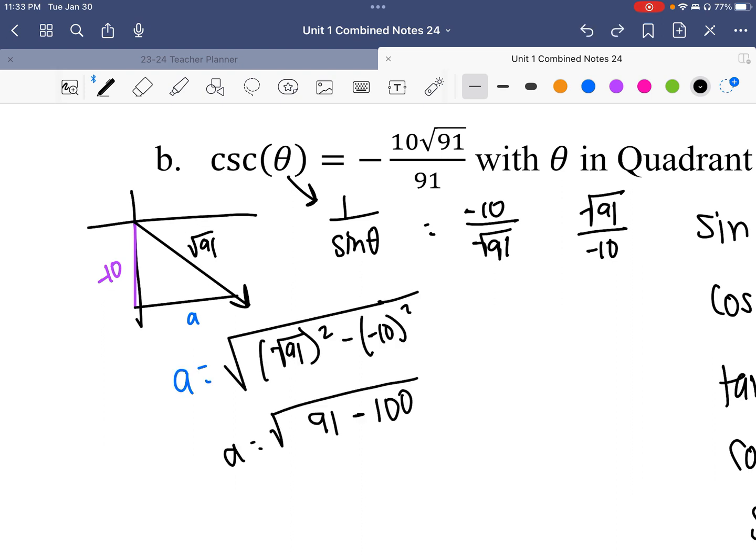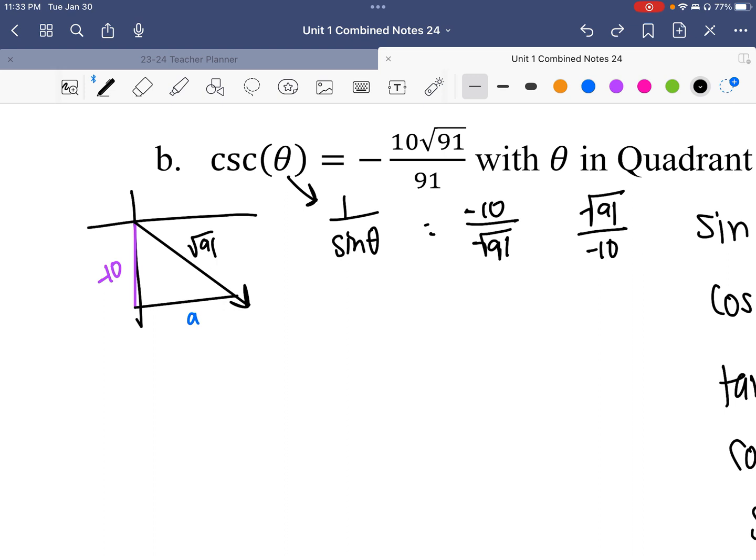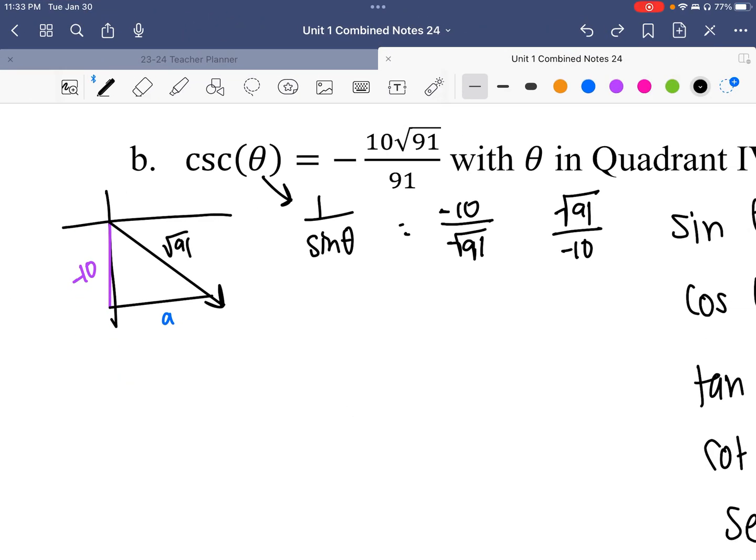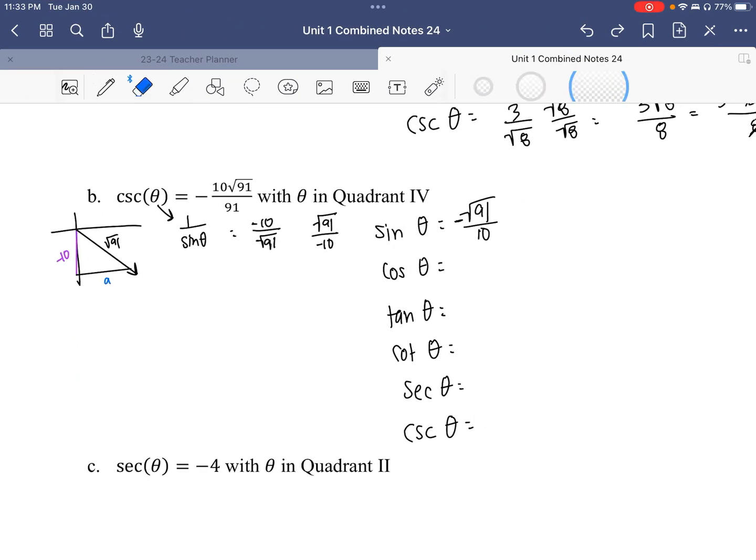So I think I actually gave you guys a bad problem. Double check my notes from last year here. Oh, silly me. 10 is my hypotenuse. I just have it backwards. So hypotenuse is 10. There we go. Silly me.